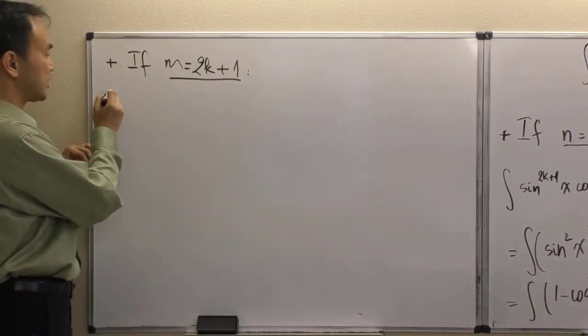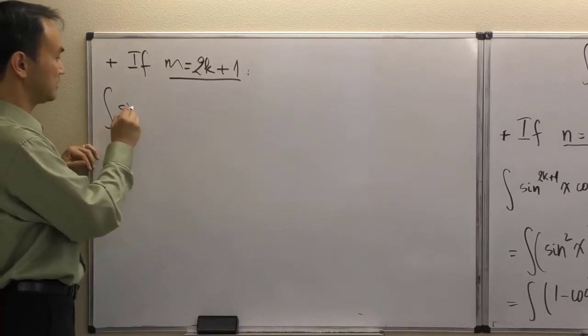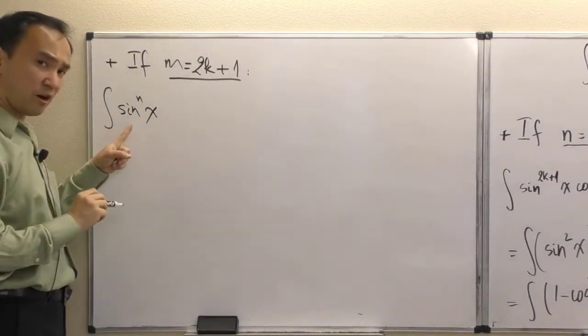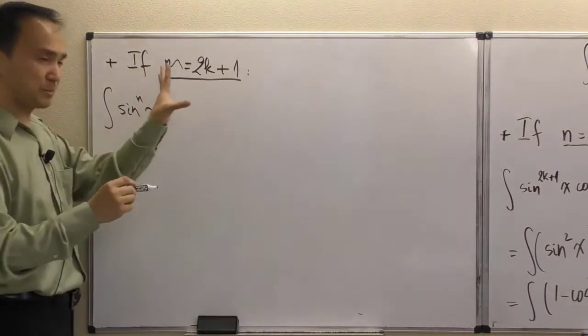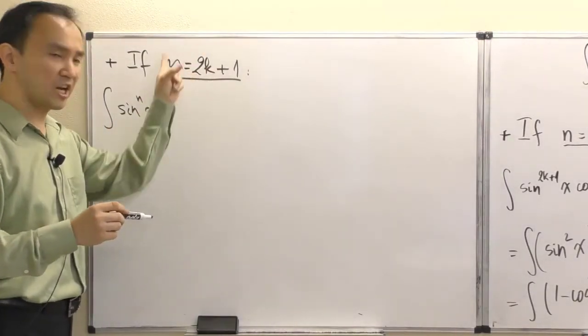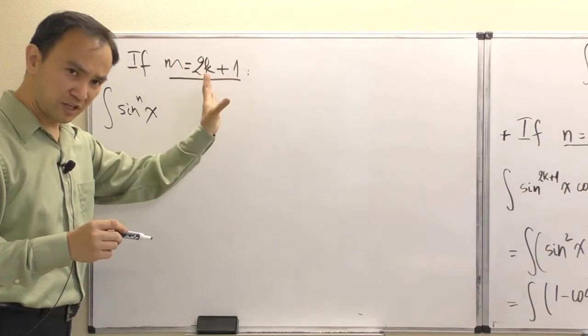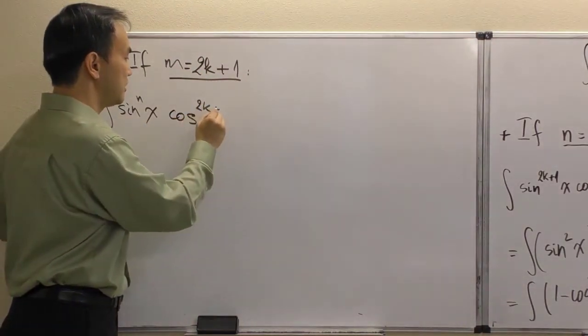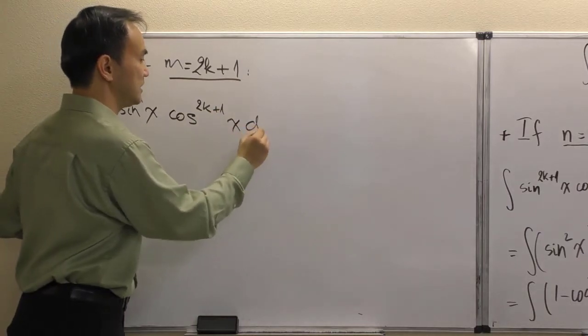The integral at start, the power n on the sine remains the same. It could also be odd, but now we specifically focus on that power of cosine being odd. And so here it's cosine of 2k plus 1 of x dx.